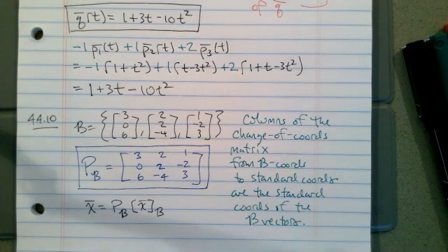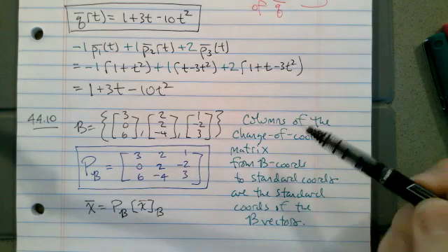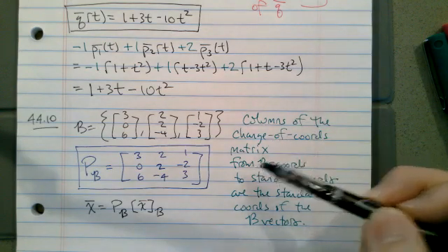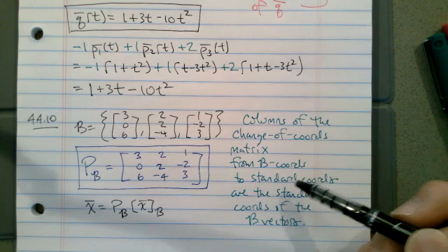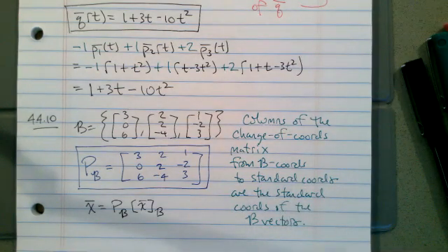So later on, in whatever section has change of coordinates, the columns of the change of coordinates matrix from B coordinates to C coordinates are the C coordinates of the B vectors. All just goes together, just adding more stuff onto stuff we already know. Any questions?